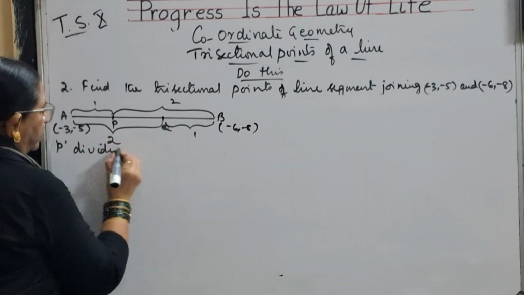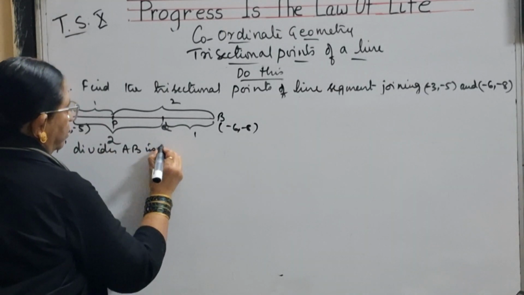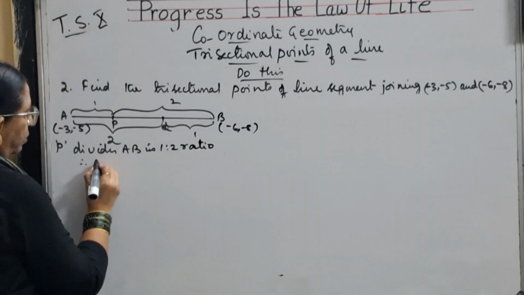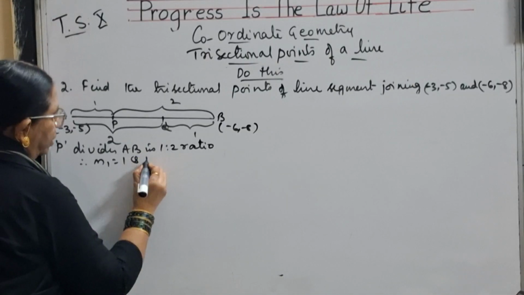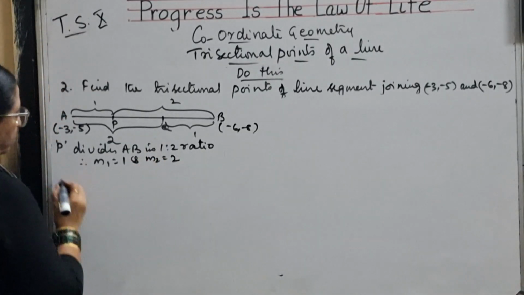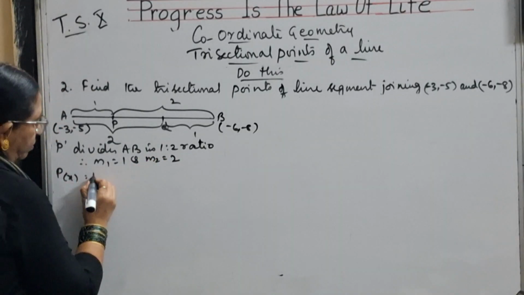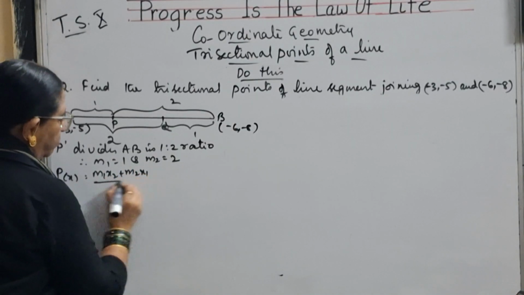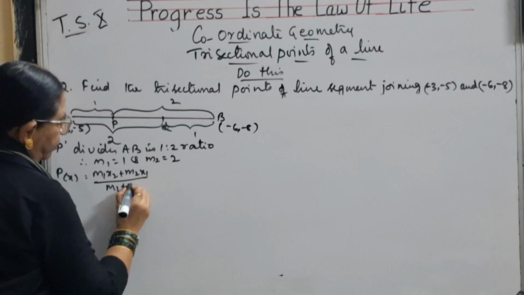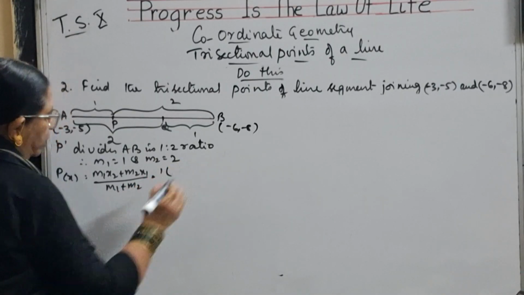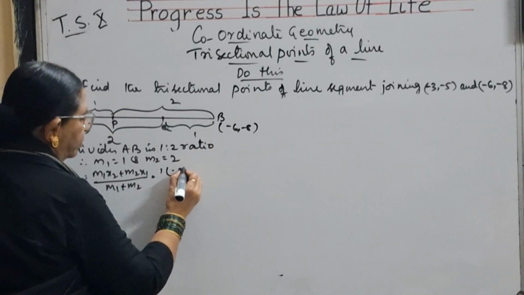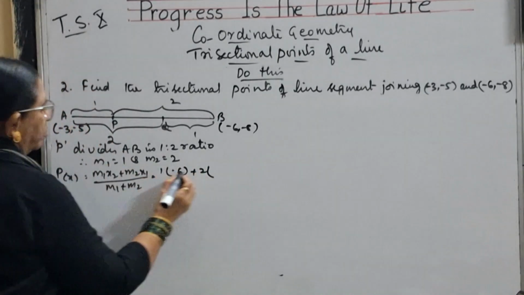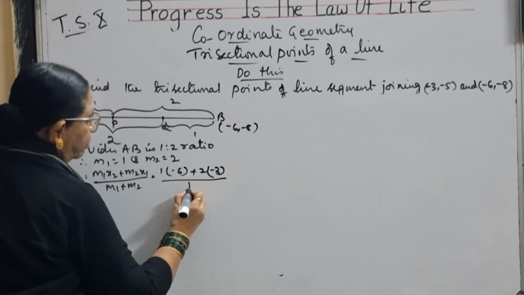P divides AB in 1:2 ratio. Therefore, m1 is equal to 1 and m2 is equal to 2. P of x is (m1 x2 + m2 x1) by (m1 + m2). m1 is 1 into x2, which is -6, plus m2 is 2 into x1, which is -3, by 1 plus 2.